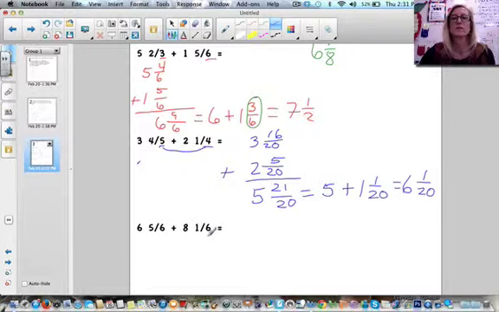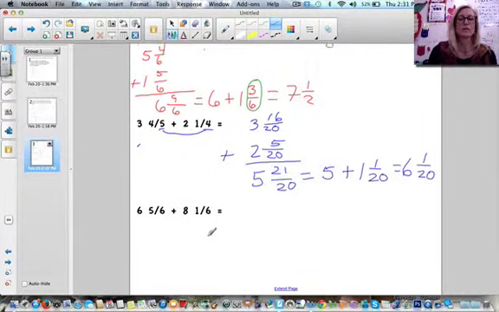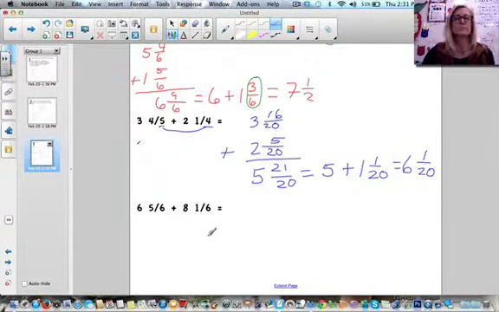And let's move on down to this. I think this is the last problem. 6 and 5/6 plus 8 and 1/6. So this one's going to be easier just because already we know we have the common denominator. So let's go ahead and write 6 and 5/6.